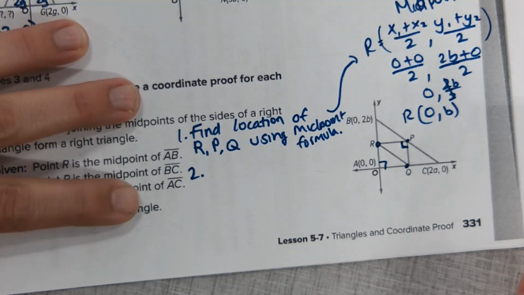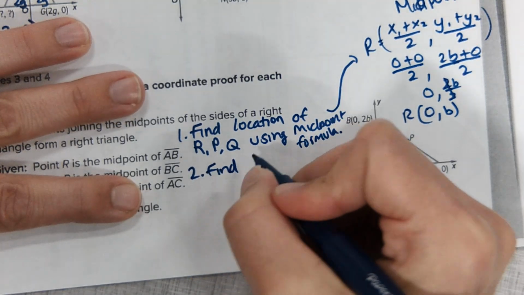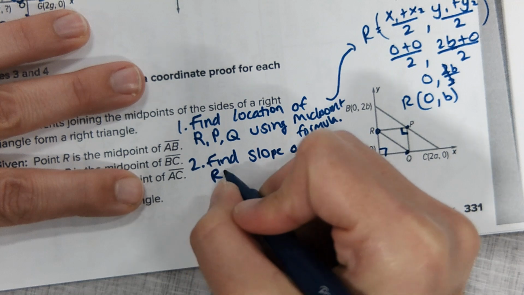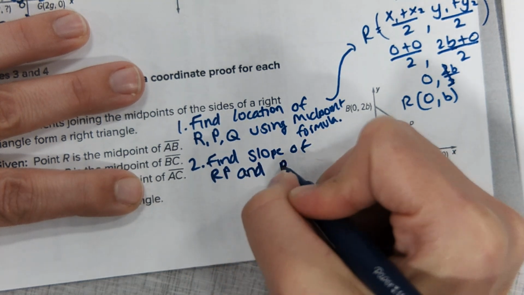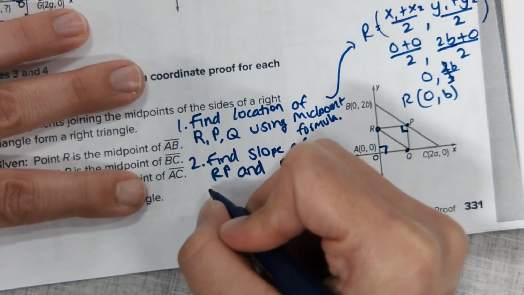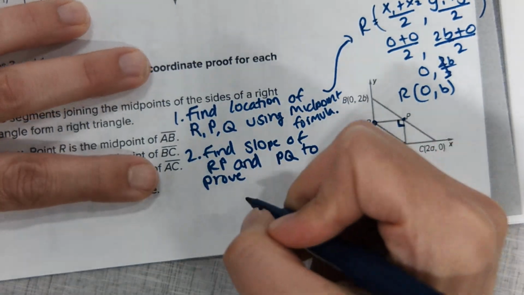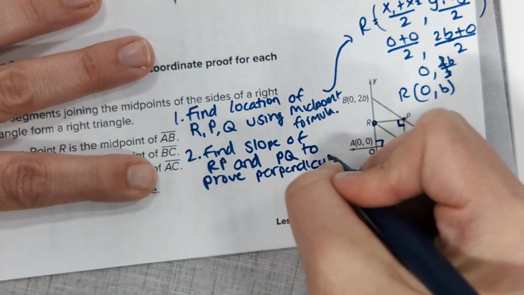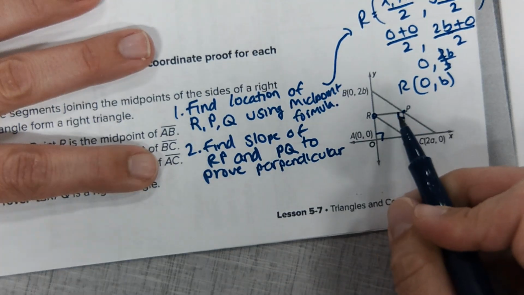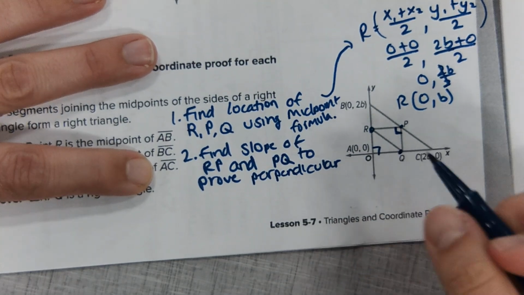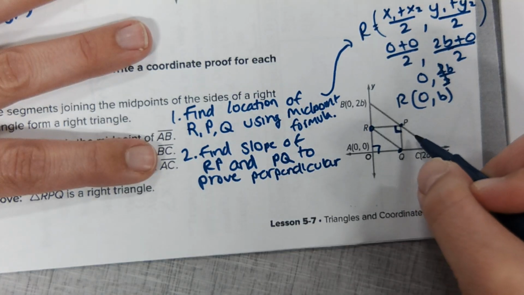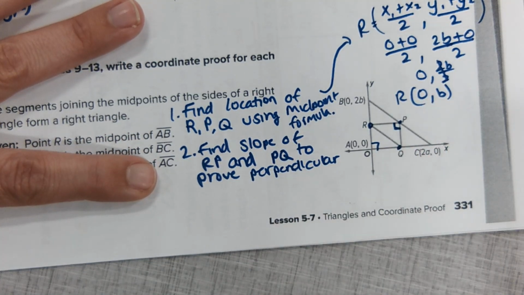Then find slope of RP and PQ to prove perpendicular. So using the method we saw in some of the other problems, you could find the slope of this and the slope of this. And if those slopes are negative reciprocals, then it's perpendicular.